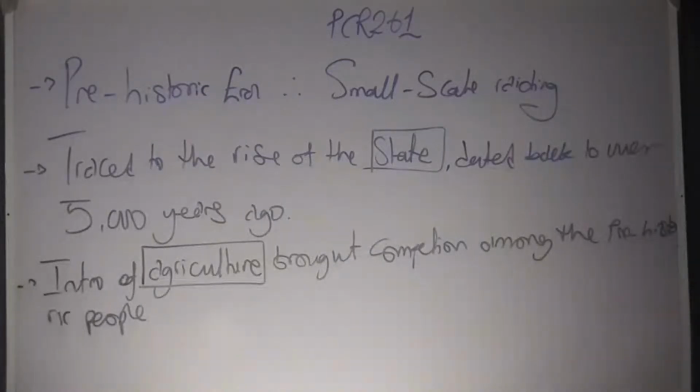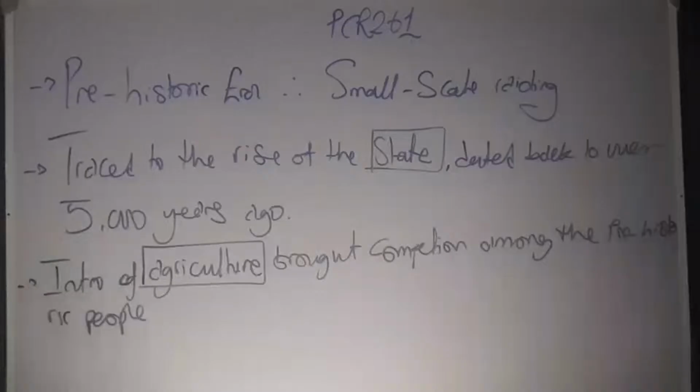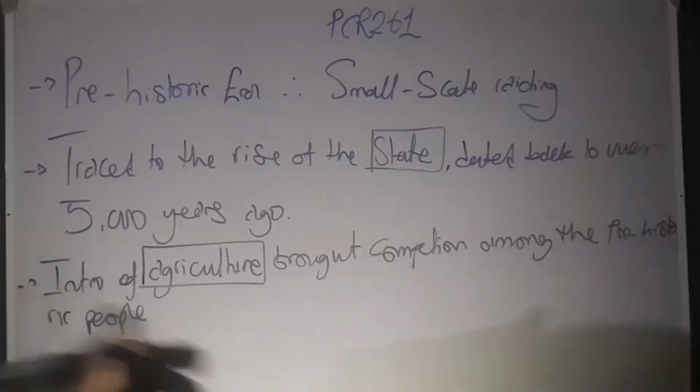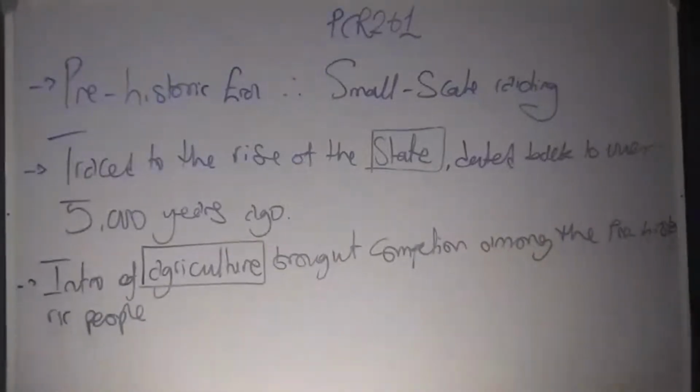Considering the fact that soil has different types, some states might be blessed with good soil that they can plant on, or even we can refer to not just soil alone, we can talk about the weather as well.